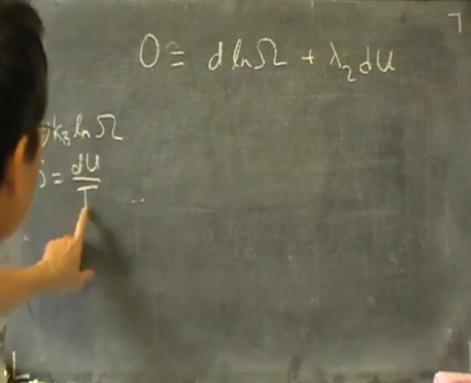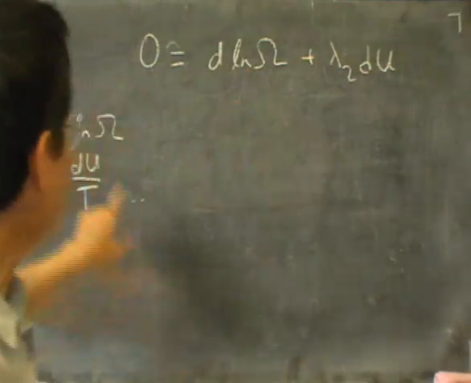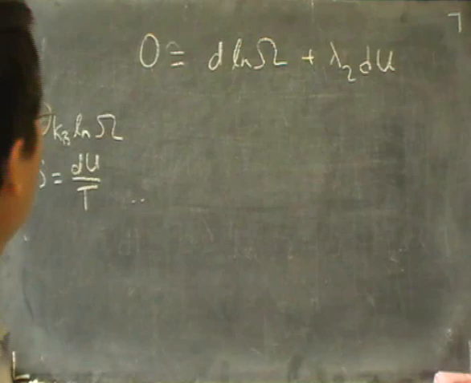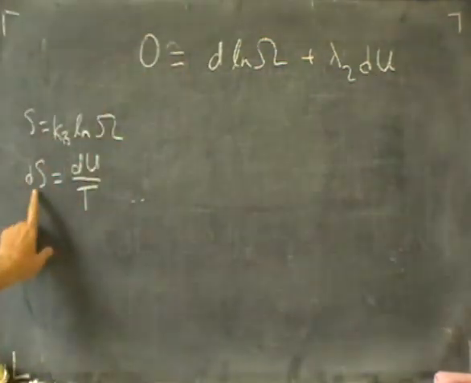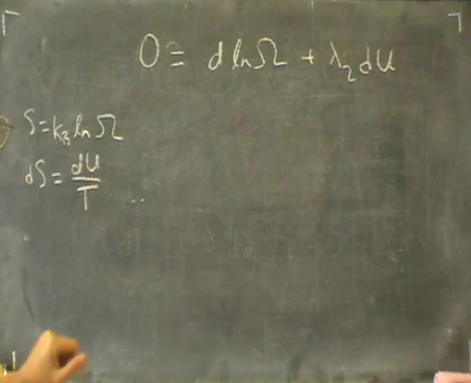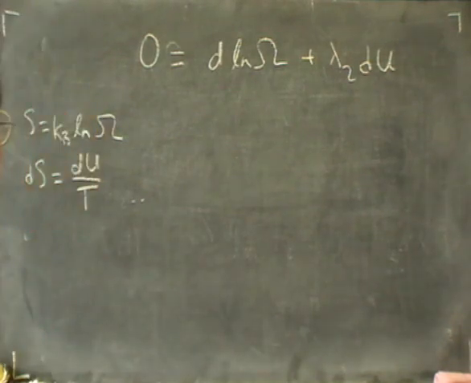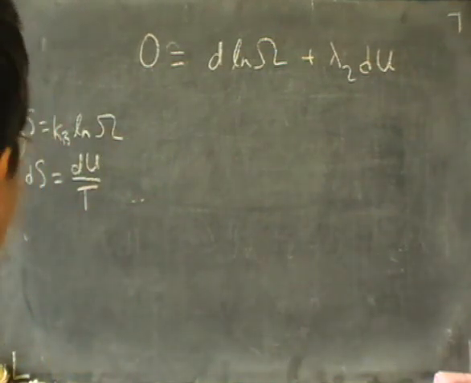So you can see the obvious connection here and the similarities. The log omega here can be related to entropy, and the dU here can also be related to entropy. And we are obviously bringing in temperature here. So let's make the substitutions.